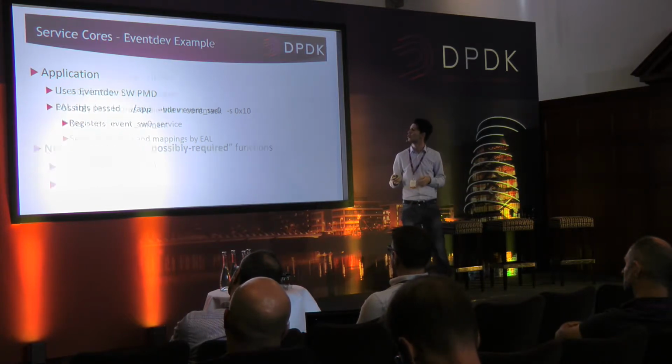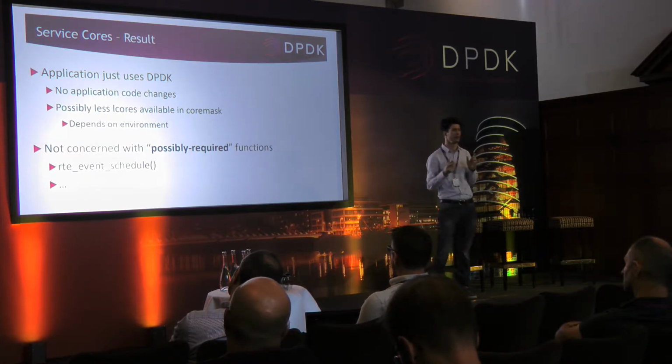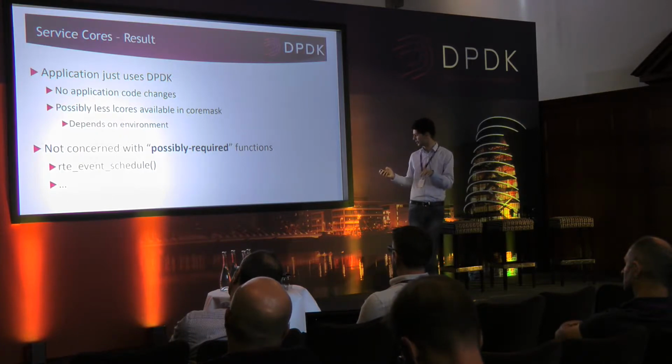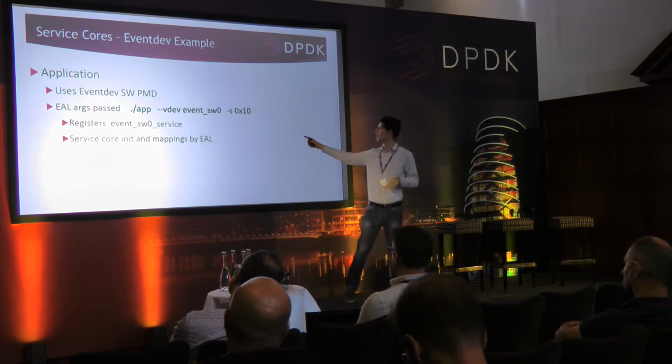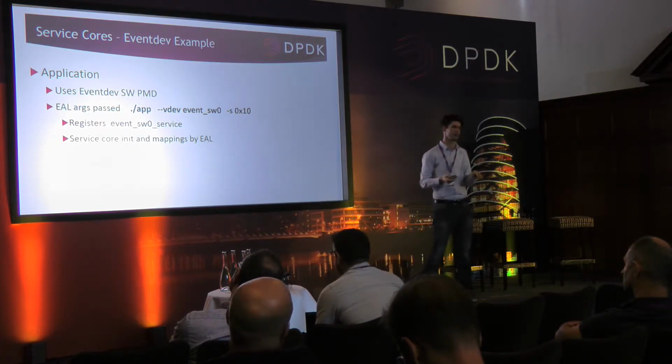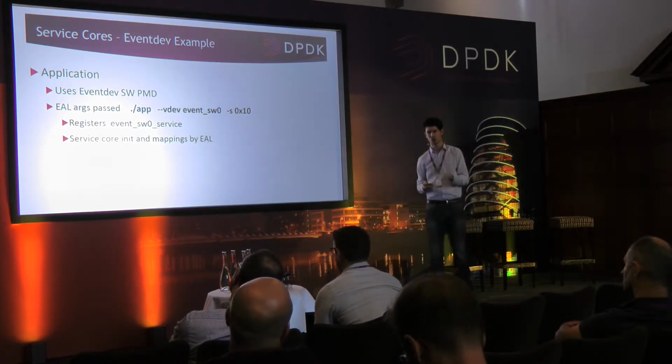And in doing so, what we've actually achieved is that the application doesn't need to care if it's running on hardware or software. Because if the software is requiring an L-core to actually run, the user can pass it in. I'll just skip back here to the core mask. The user can specify the L-core mask to use to run those services without affecting application code.